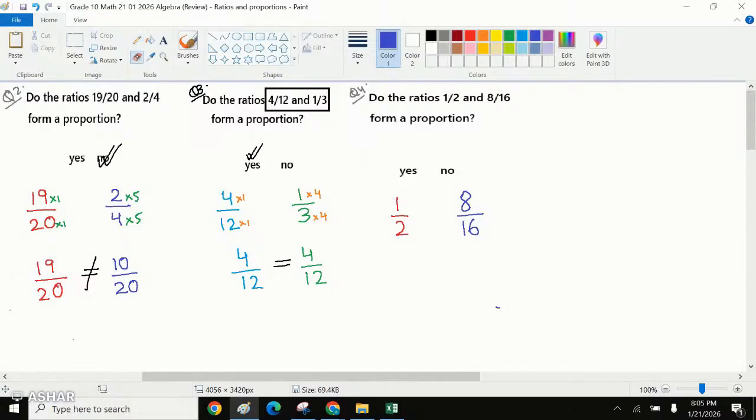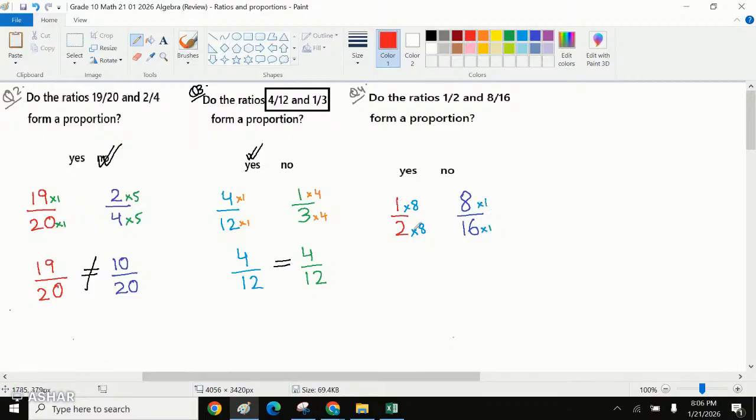We can reduce 8 upon 16 into 1 upon 2 as well, right? 8 times 1 is 8 and 8 times 2 is 16. But the easier way is to increase the number. So we multiply the denominator 2 by 8 to make it 16, and the numerator is multiplied by 8 as well.